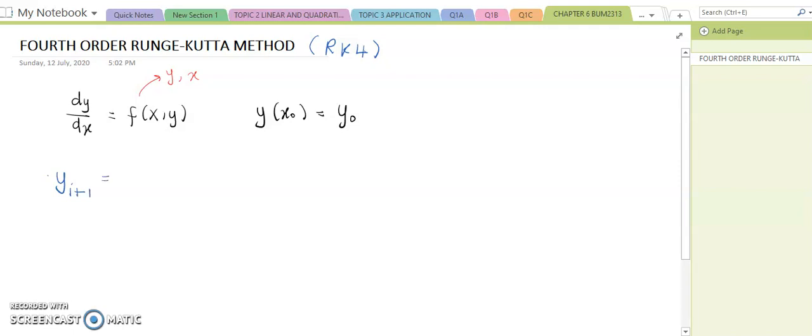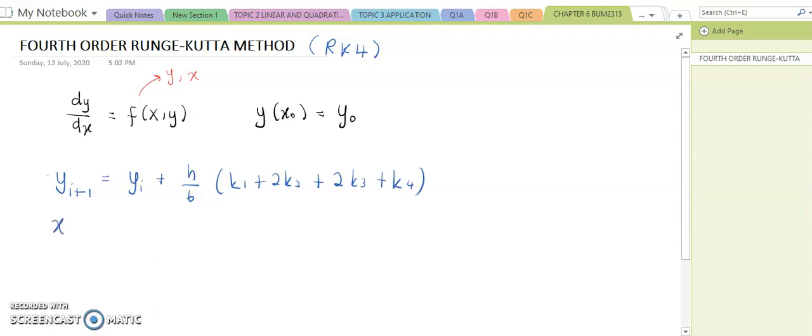the approximation of the y value, is equal to yi plus h over 6 times k1 plus 2k2 plus 2k3 plus k4.